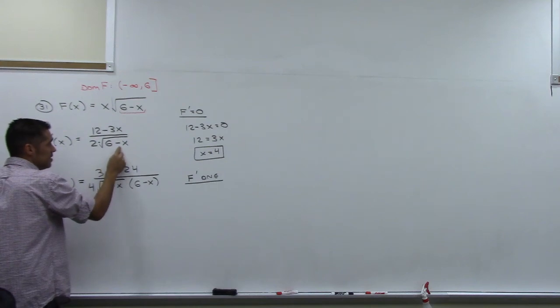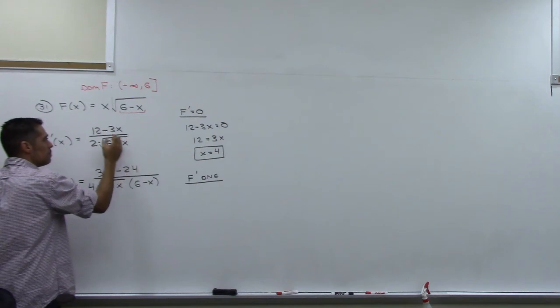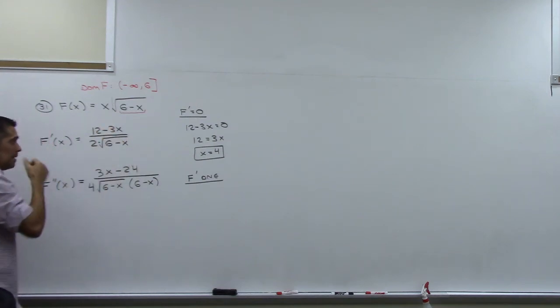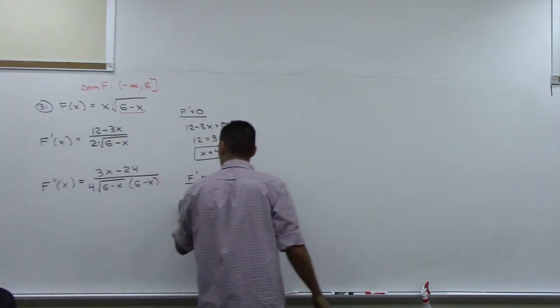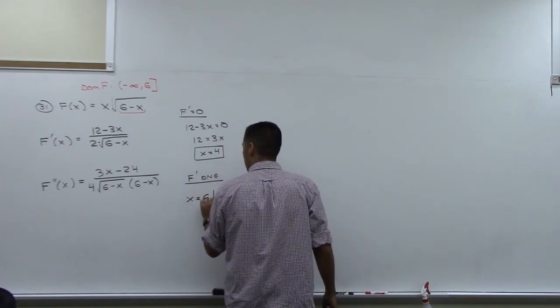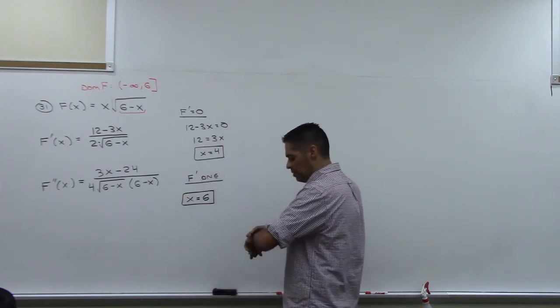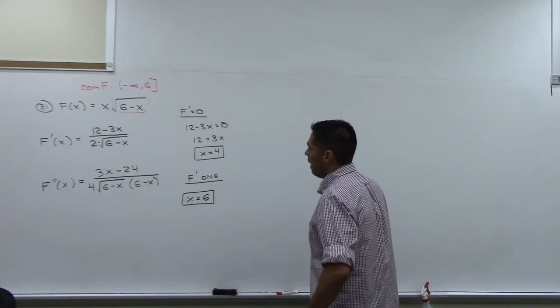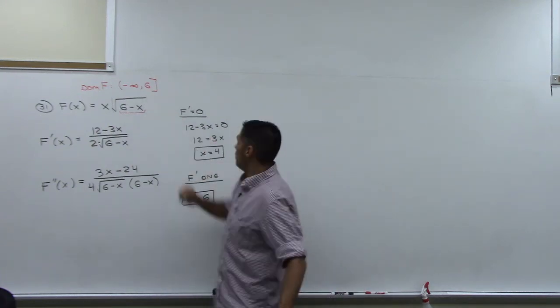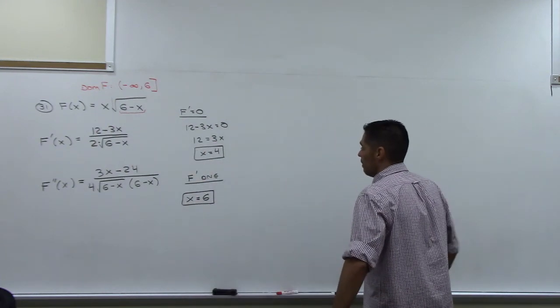If I let x be 6, I'm going to get 0 here. I can take the square root of 0, but the problem is then I have division by 0. So x equals 6 is a critical number because it causes division by 0. And 6 is in this interval, so I need to include that as a critical number.